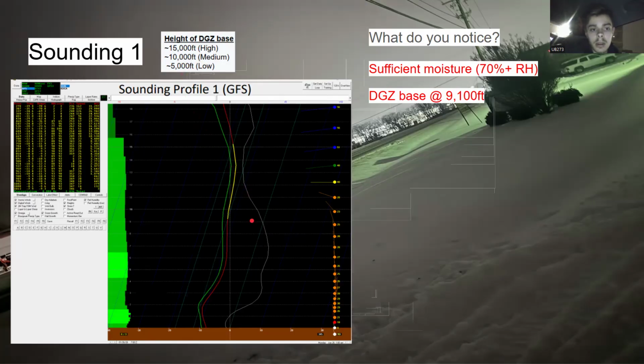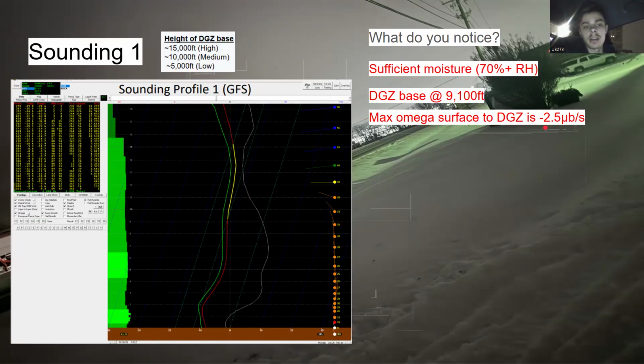But there's still more things that we have to look at. Max omega surface. So here are omega values up here, and we have negative 2.5 millibars per second omega. And remember, negative omega is strong uplift. The more negative it is, the stronger it is.